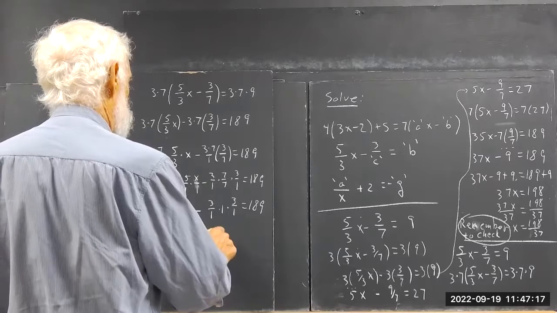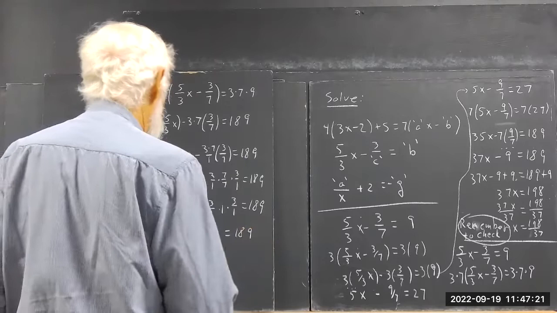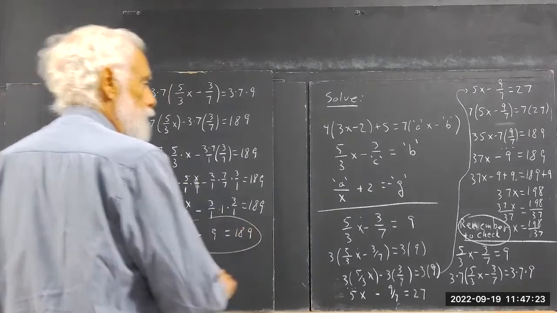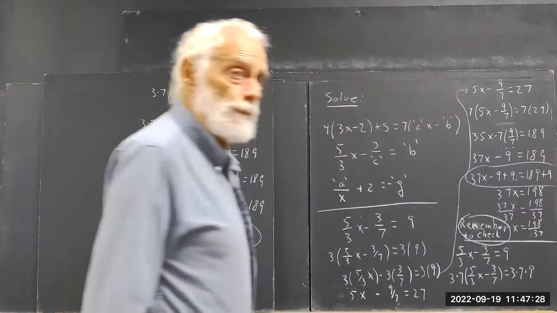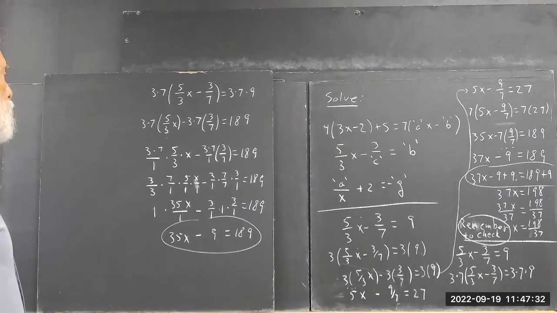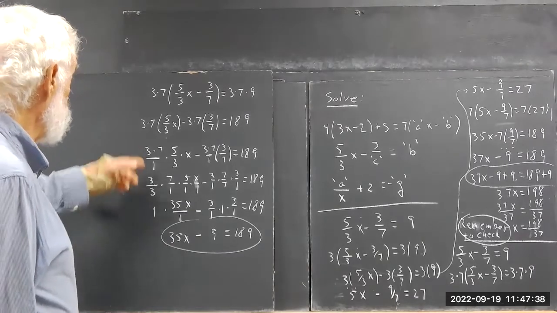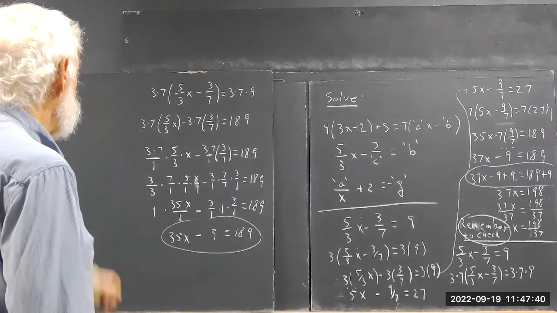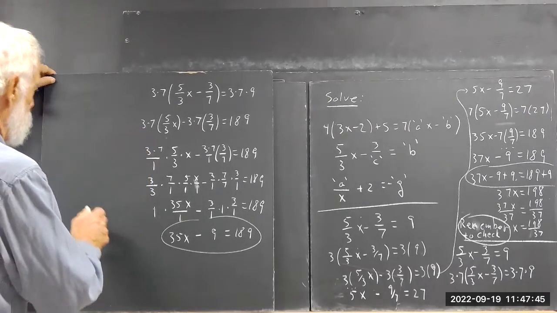And that's just going to be then 9. That's 189. And notice here, the same place we were here. Now, if you understand and believe all these intermediate steps, you can go directly from here to here.